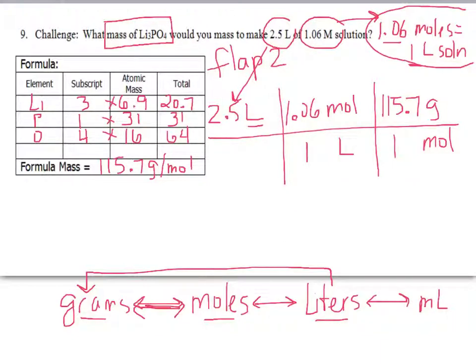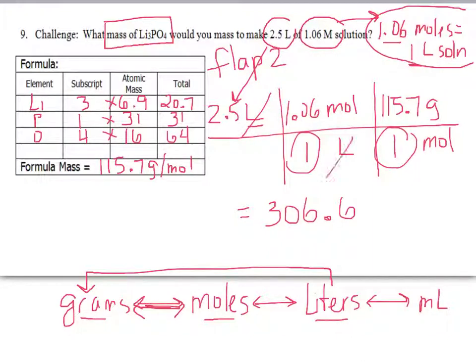So we actually set this whole problem up in one step. You're just going to multiply 2.5 times 1.06 times 115.7. We're not even going to worry about these ones. Dividing by 1 isn't going to change anything. And our answer is 306.6.